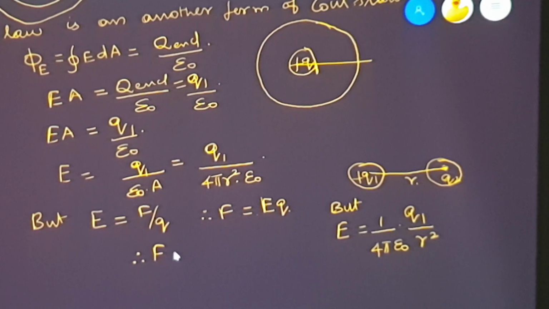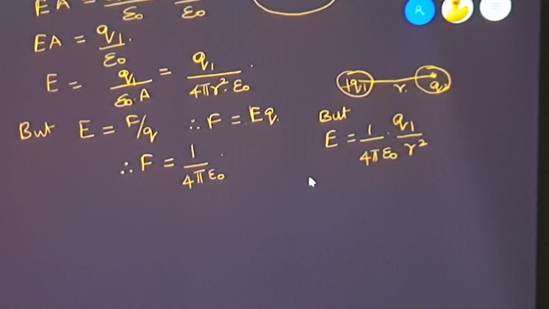Therefore, the force F is equal to 1 divided by 4 pi epsilon 0 multiplied with Q1 divided by R square. It is R square, not R2, multiplied with Q.